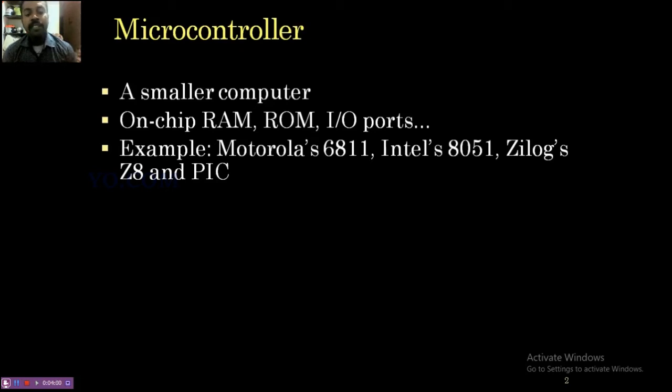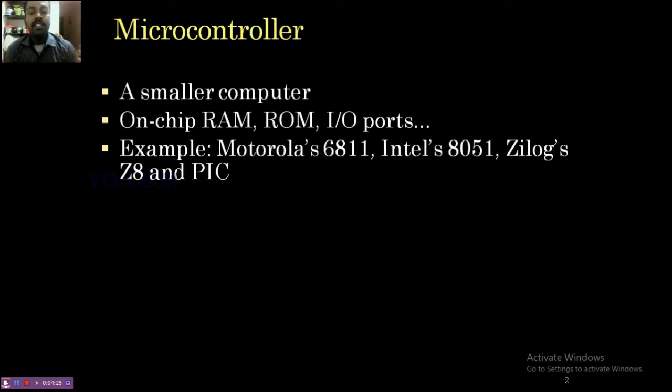In another way we can say that a microcontroller is an on-chip computer, a microprocessor is an on-board computer. Our normal laptop is an on-board computer, a microcontroller is an on-chip computer. Okay, this is a difference. Examples of microcontrollers are Motorola, Intel, Zilog, and PIC.